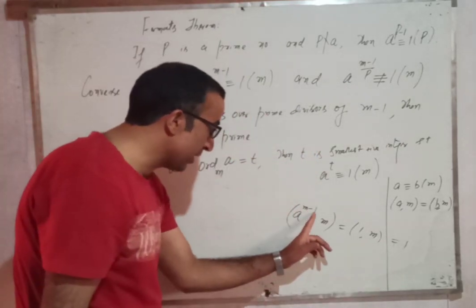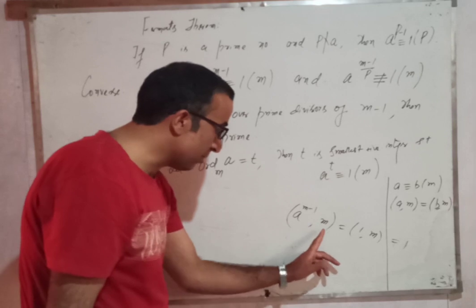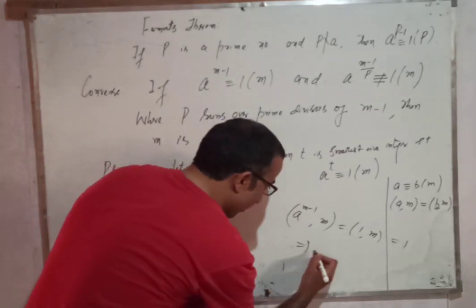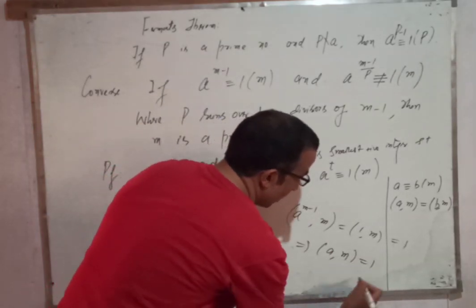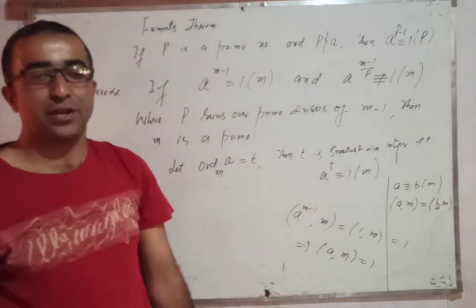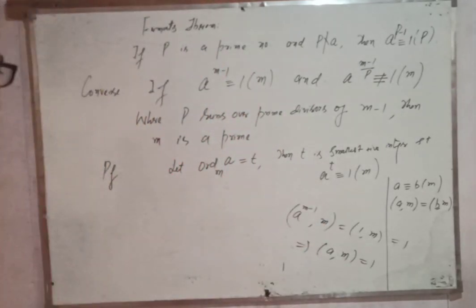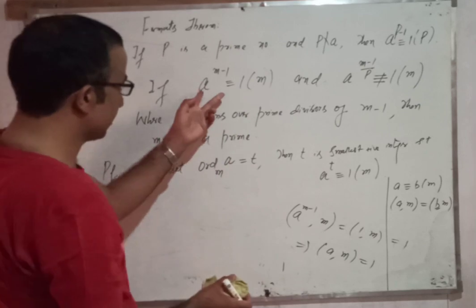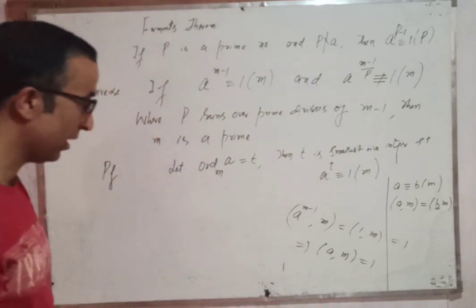Now a power m minus 1 with m has GCD 1, so you must have a and m with GCD 1. So I can talk about the order.